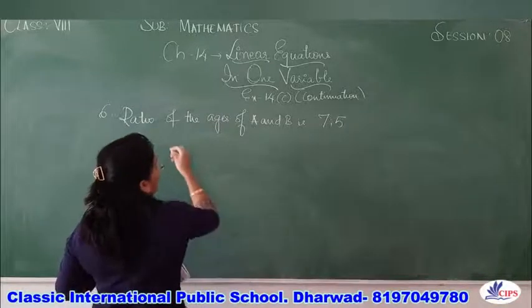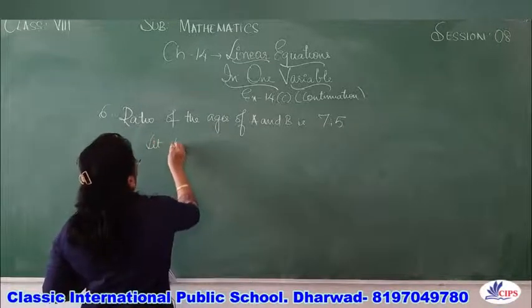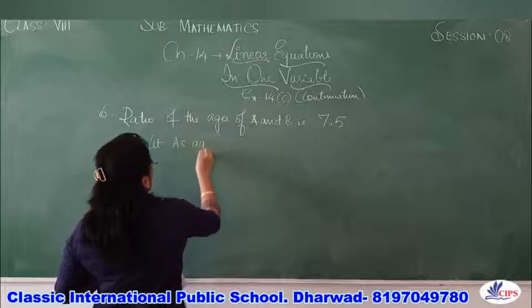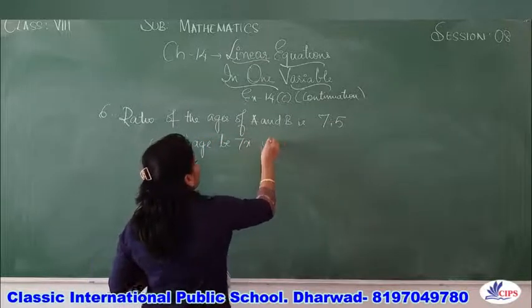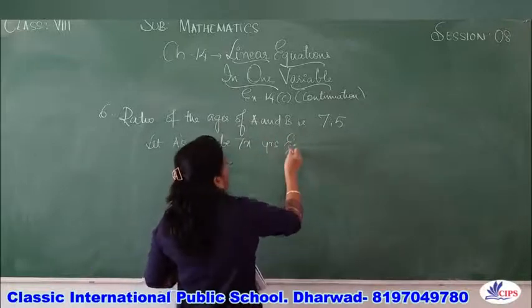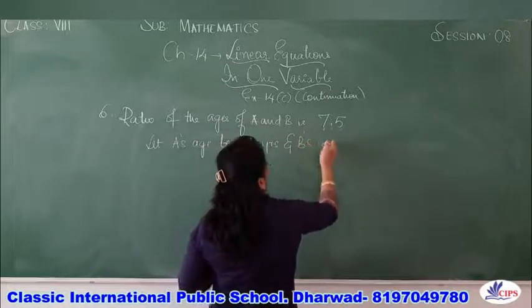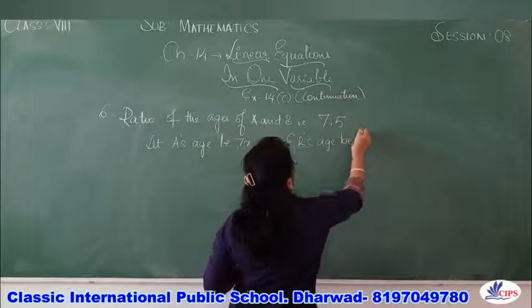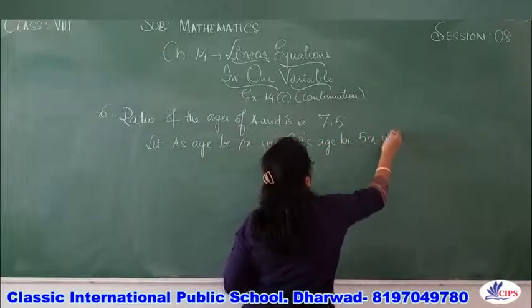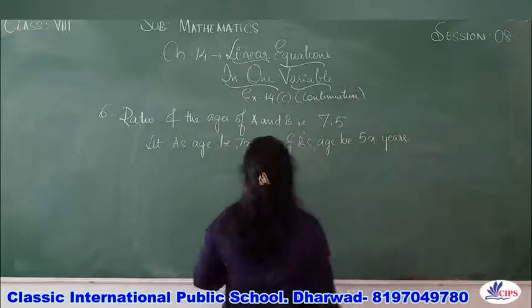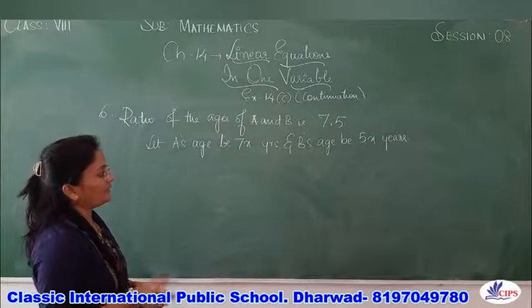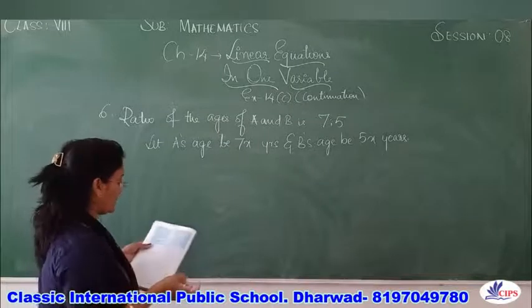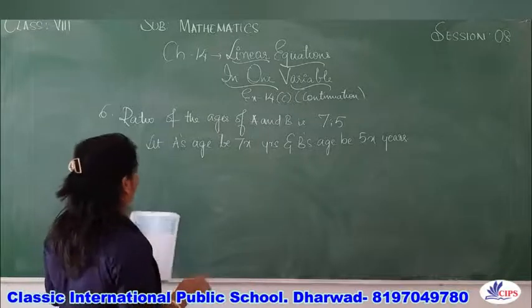Let A's age be 7x years and B's age be 5x years. So you have taken A's age as 7x years and B's age as 5x years. Now after 10 years they have told you, so let us add 10 to both.